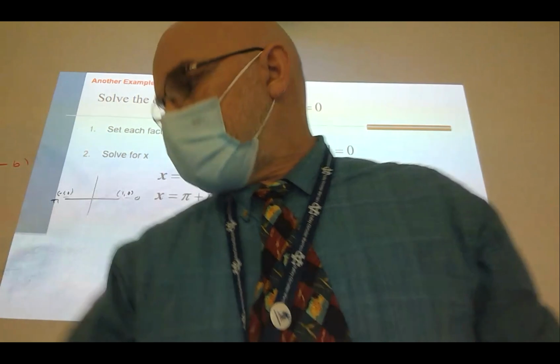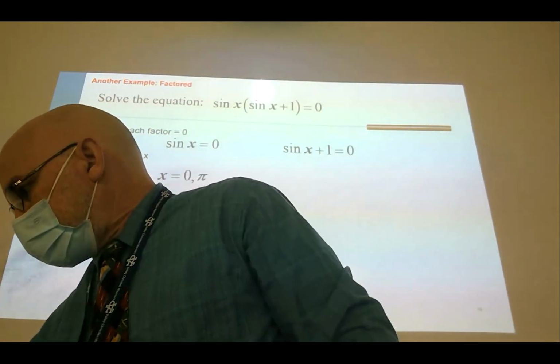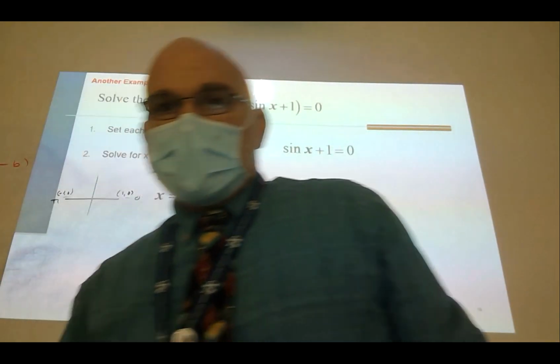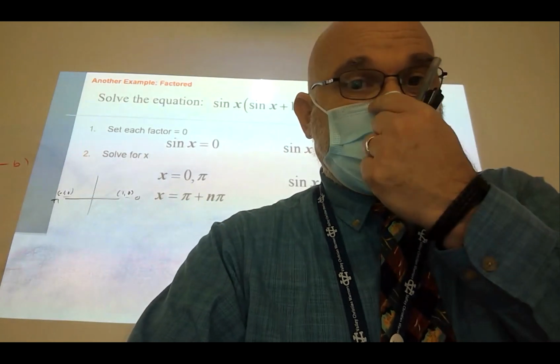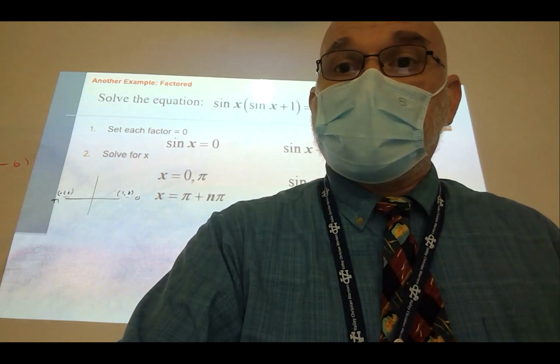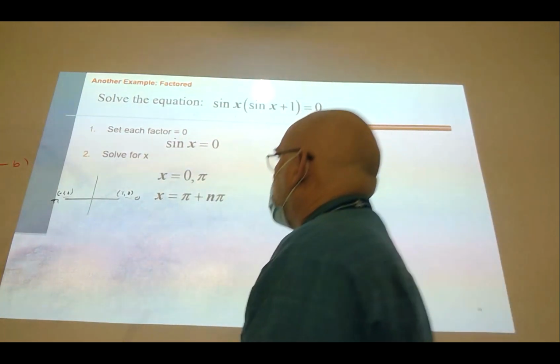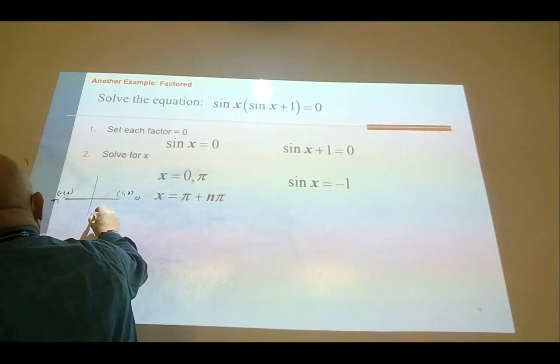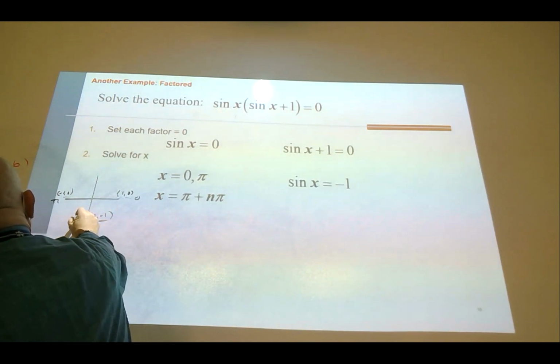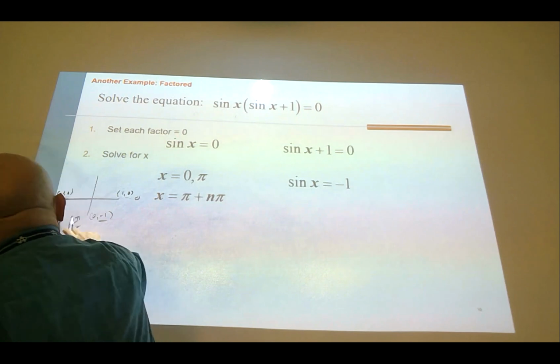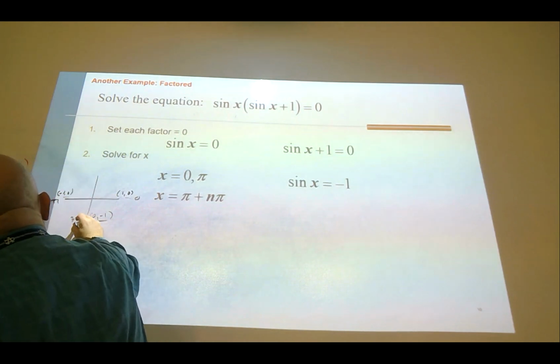All good? All right, thanks. On the other side, I can set sine equal to -1. That only happens at one place, down here at 0, -1, and that's 3 pi over 2.